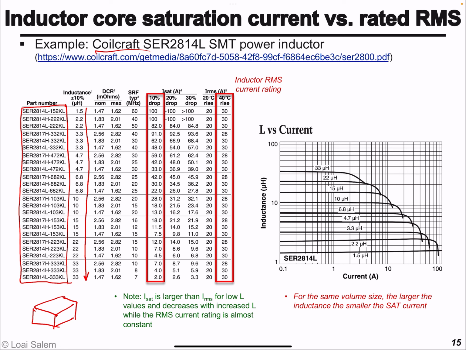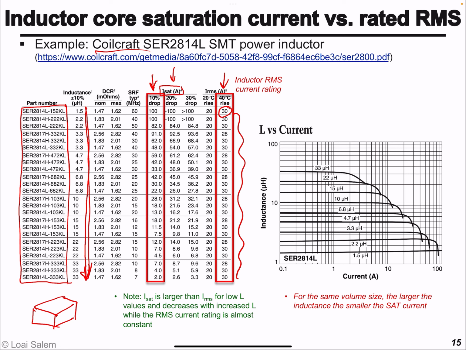You'll find that the RMS current in here is 30 ampere, or around 28 to 30 ampere, always constant, right? While the saturation current, as we increase the inductance, we use a core material of higher relative permeability, and so essentially within the same volume.